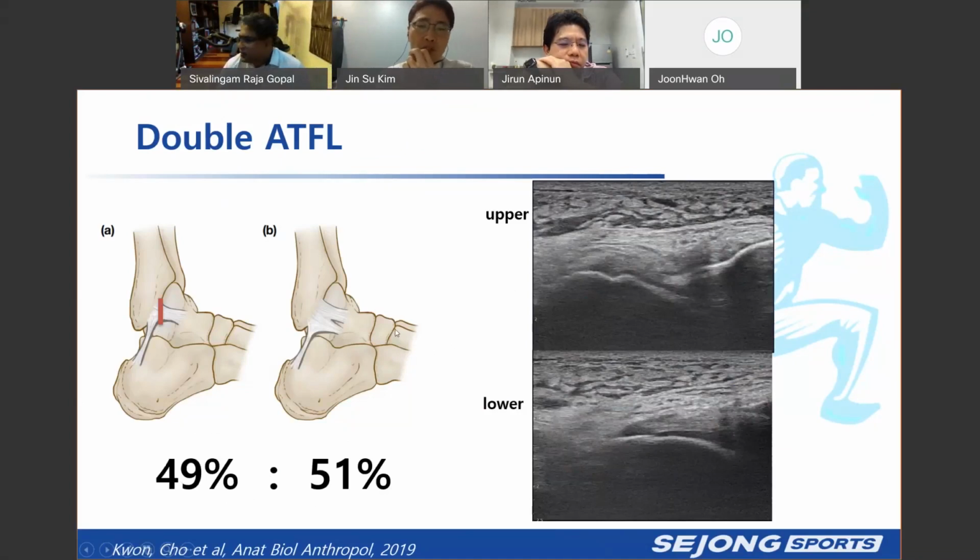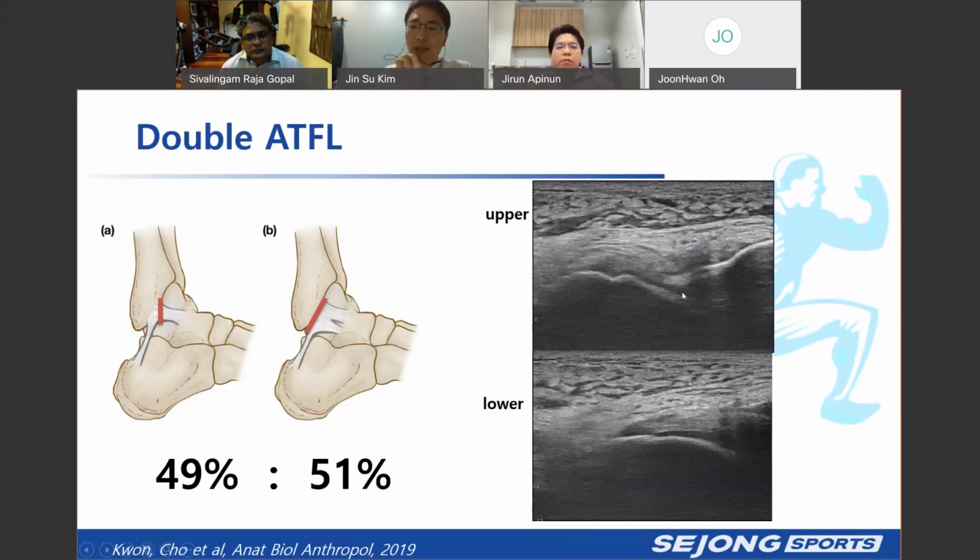Maybe it needs rehab, and it makes a good prognosis. However, an inferior ATFL tear or an ATFL and CFL complex tear makes a major instability. That kind of major instability may need immediate operation, and it also makes a good prognosis.